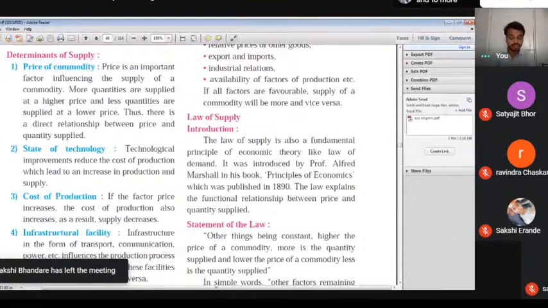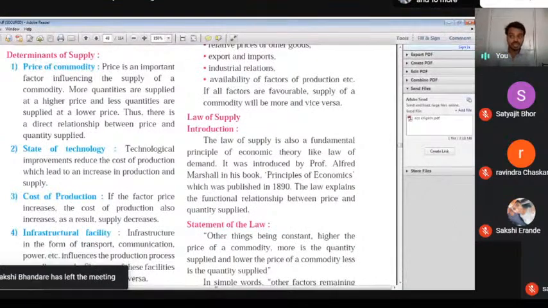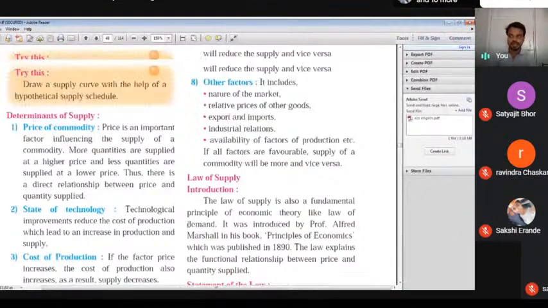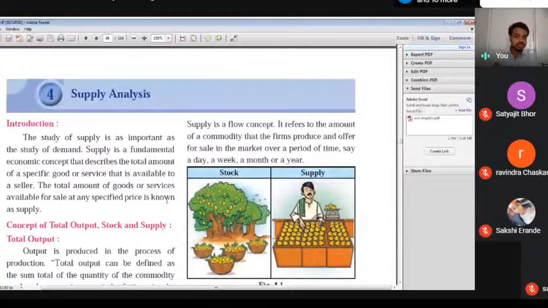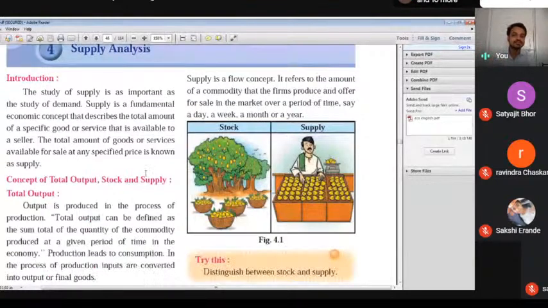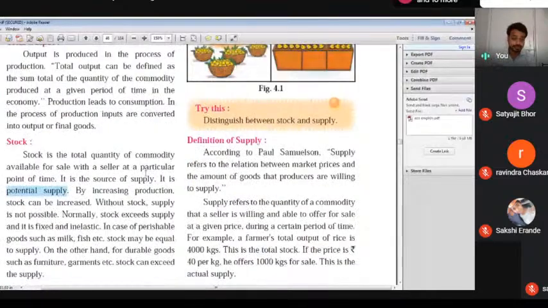When we think about the exact meaning of supply, the simple definition is: the total amount of goods or services available for sale at a specific price is known as supply.